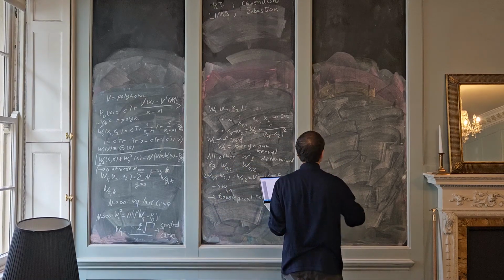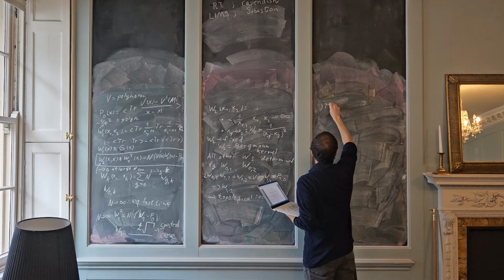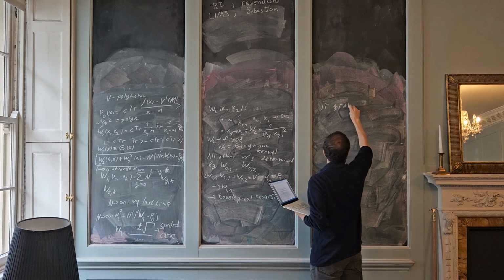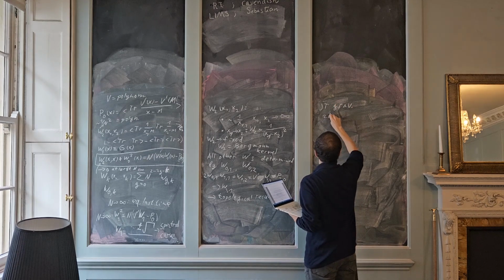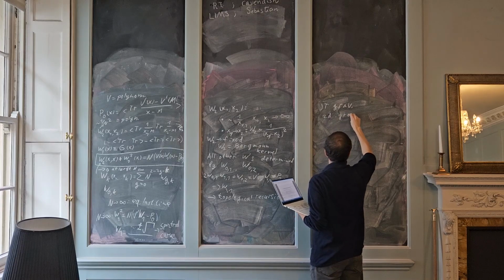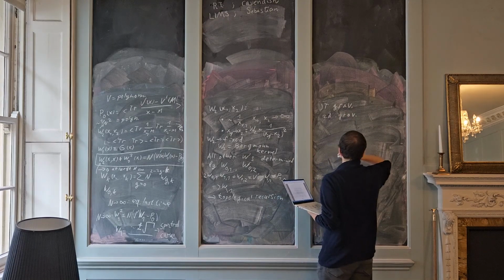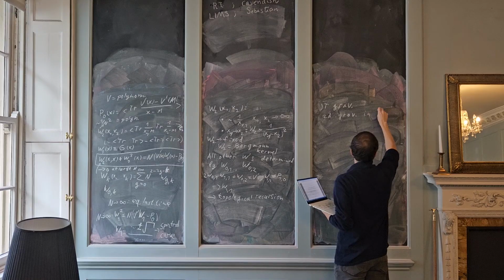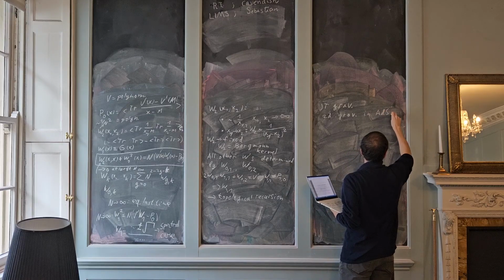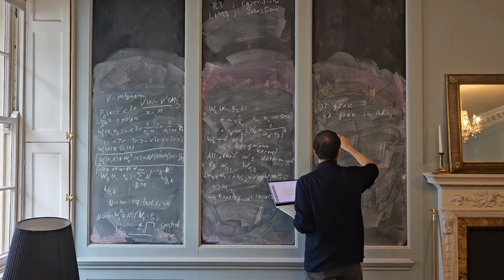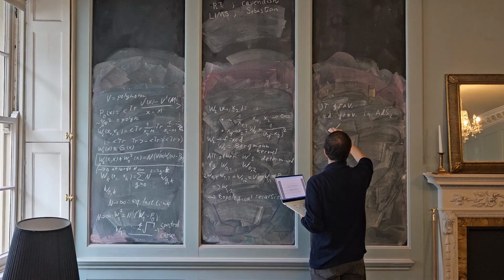So JT gravity is, roughly speaking, a two-dimensional gravity theory, or quantum gravity, in AdS2, with some boundaries. So we have a space which is hyperbolic but has some boundaries.